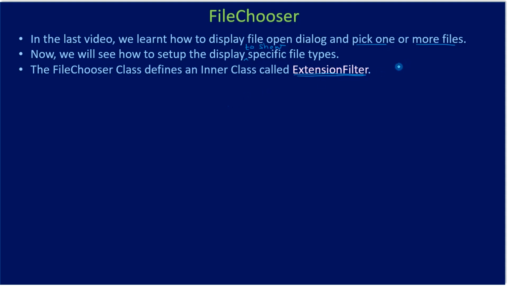In this example we will use txt file as one filter, then document file as one more filter. Each extension filter represents one file type. So for example, there will be one extension filter for .txt files and one extension filter for .doc files.